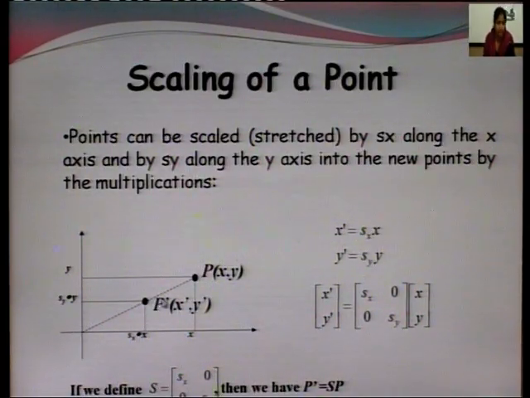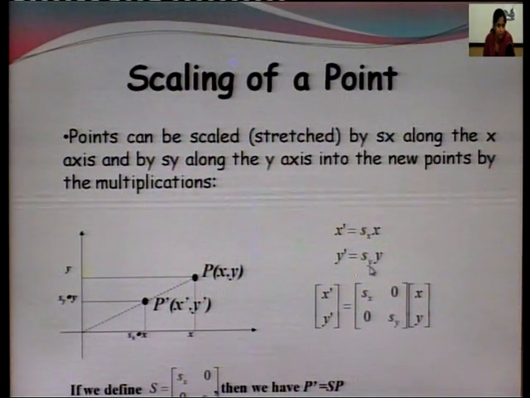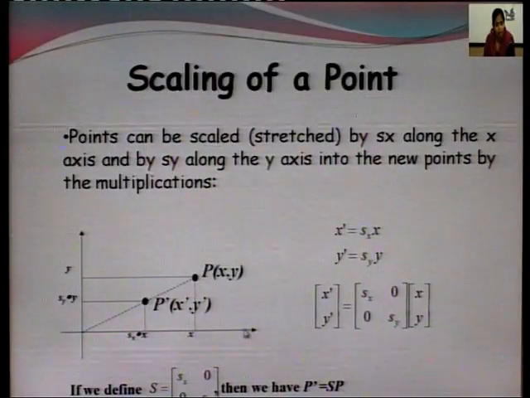transformation? Let us say we want to scale point P(x, y) by some scaling factors s_x and s_y. These scaling factors represent the values that we want to apply in the x and y direction. Generally, s_x is taken equal to s_y if we want to apply the same scaling in all the directions, otherwise it will change the shape of the object.